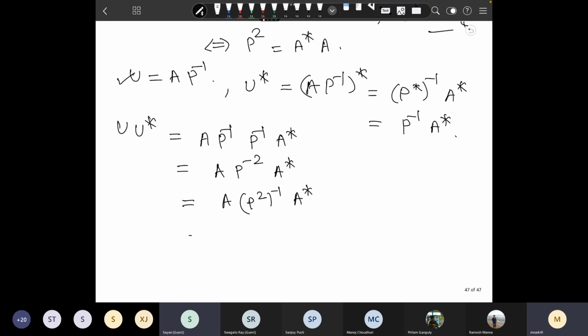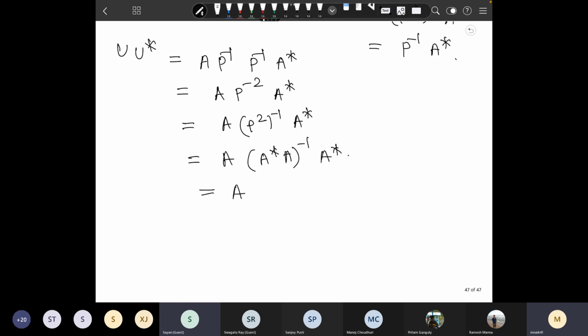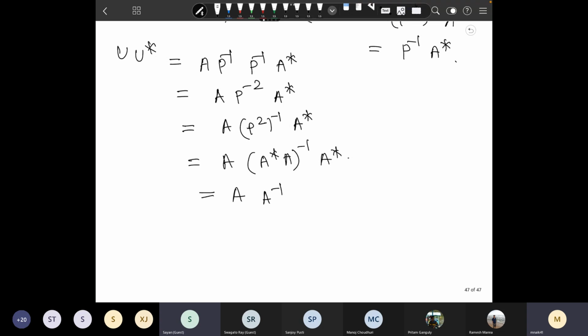Now P square is equal to A star A. So I put (A star A) inverse A star. So I got here A, A inverse, A star inverse, A star. So I got this is identity. Okay. So I got the polar decomposition.